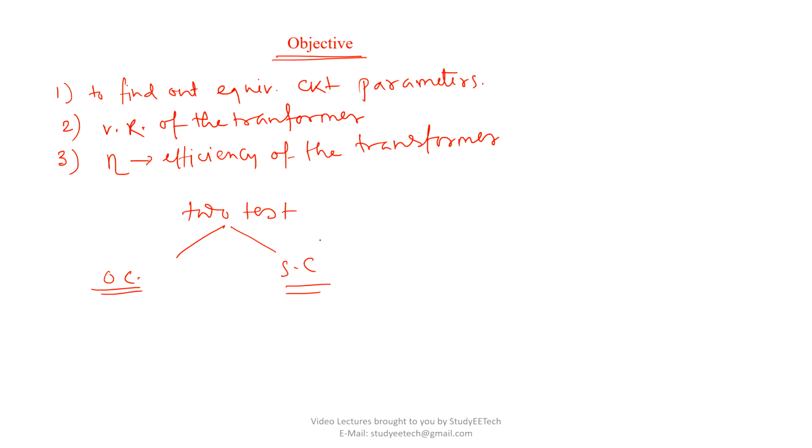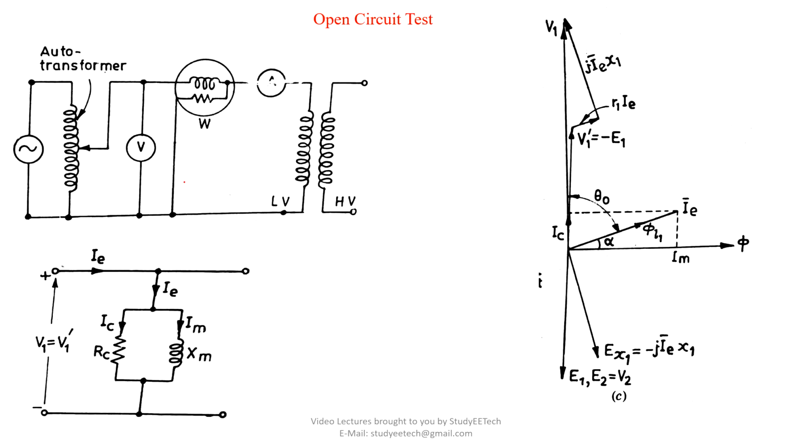Let us go to the open circuit test first. To perform the open circuit test, this is the circuit. This is the equivalent circuit, or you can say the connection, and this is the phasor diagram.